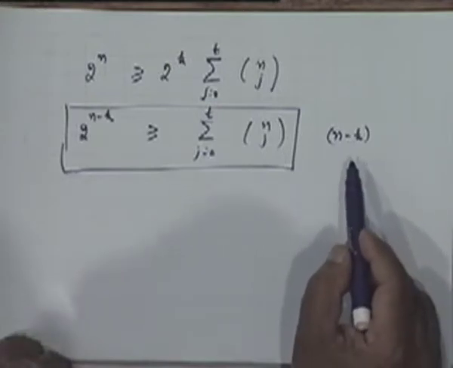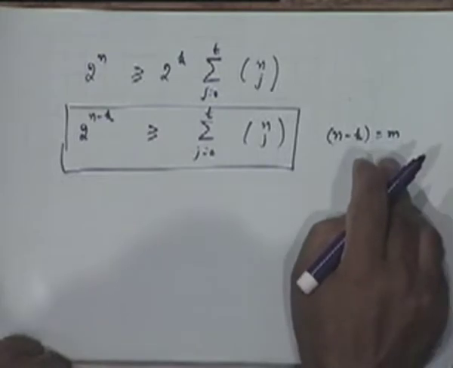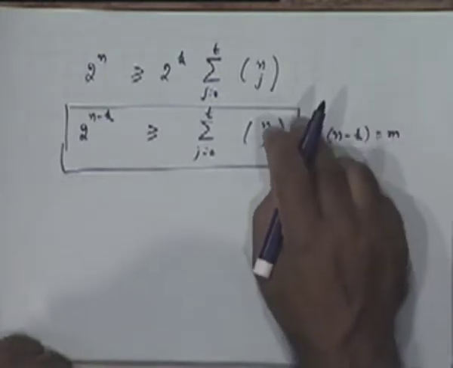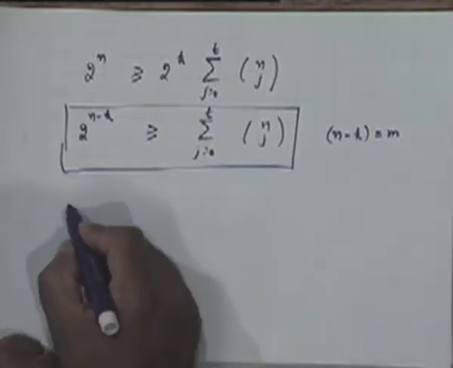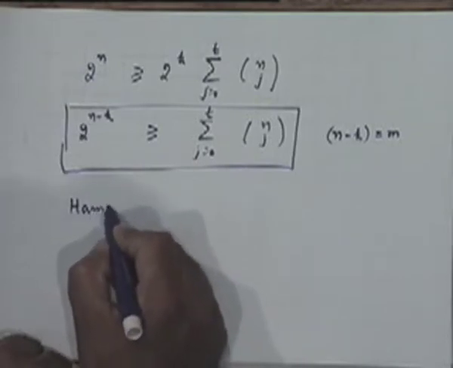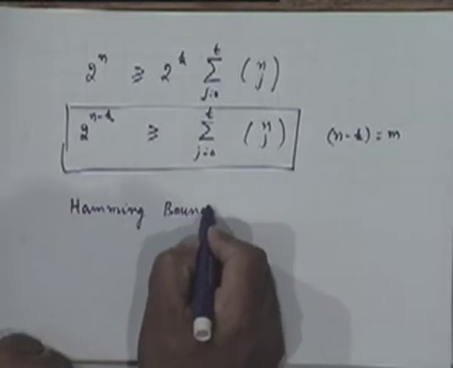Let me call this m. What should be the value of m such that I get the error correction capability? This result is known by the name of Hamming bound.